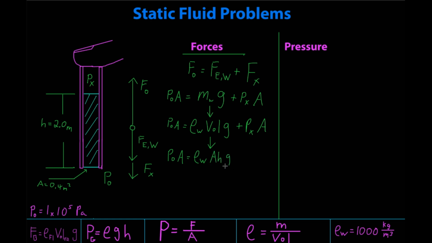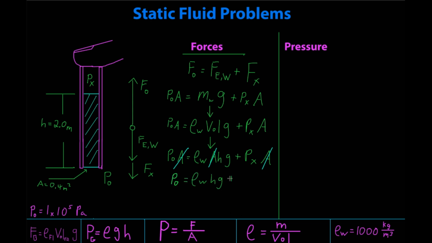So I have area times height times G plus pressure X times area. Now what do we have here? It looks like area can be canceled. It's in all parts of the equation here, which means I can just cancel it out, which means the area over here was actually completely irrelevant.